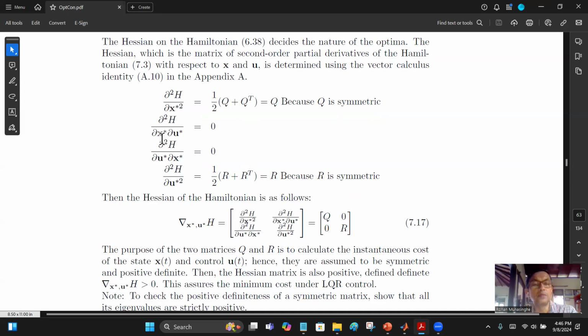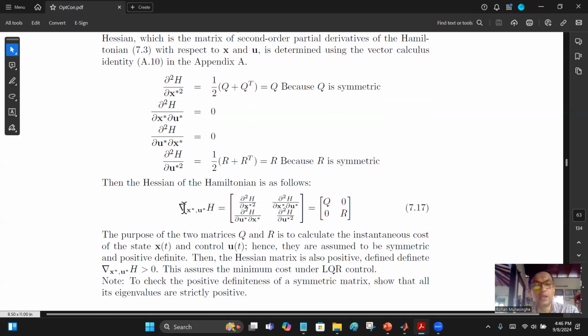Then this is the second one, partial x, partial u. Then the third one, partial u, partial x. The fourth one, partial u squared. So when you have x and u, you have to get the partial derivatives of all the combinations, and then you can generate the Hessian.